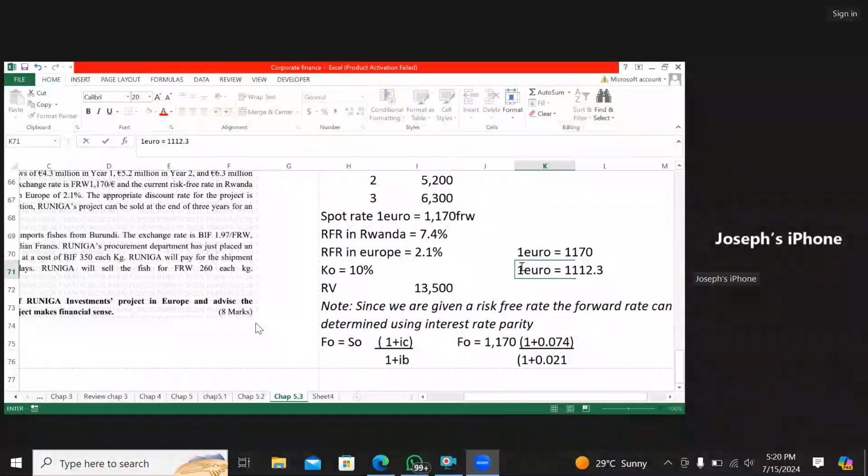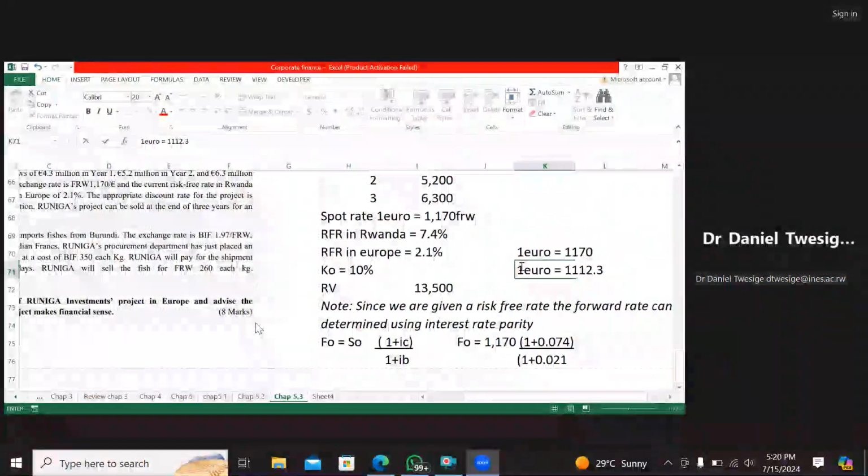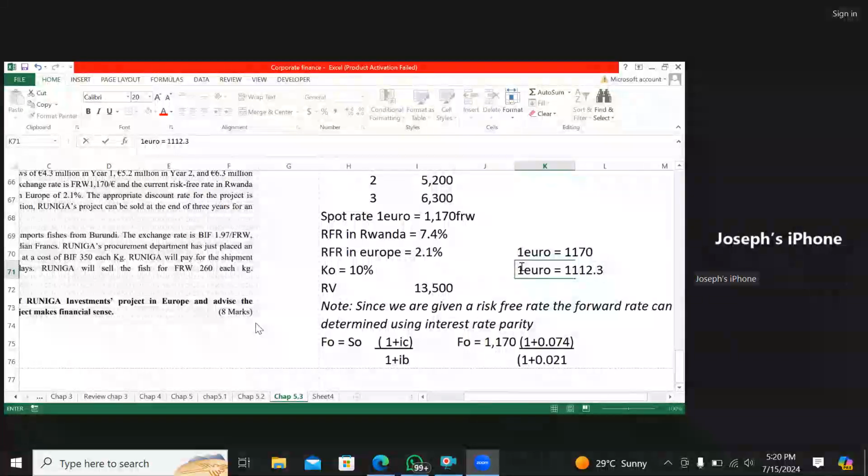Okay, this is what you mean. Yeah, and we said a country with the highest interest rate is the one that is depreciating.